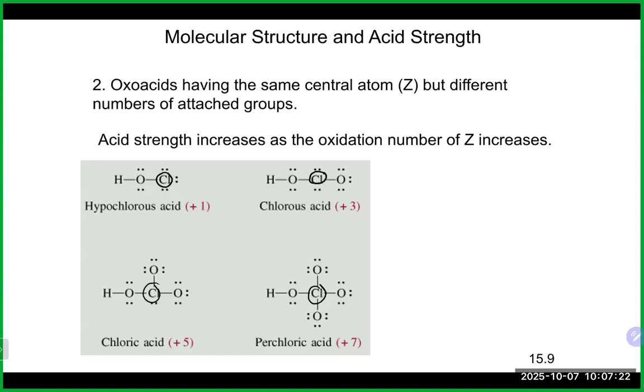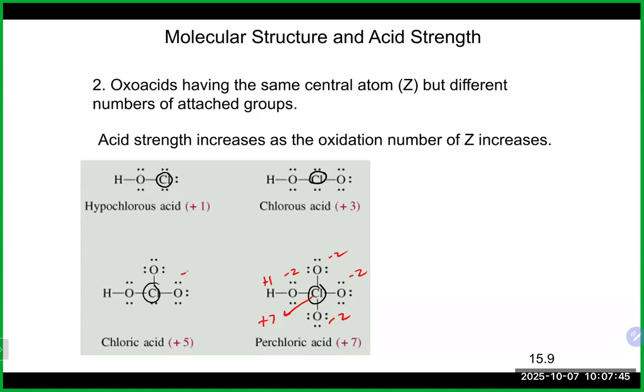Again, if we go around here, this would be -2, -2, -2, and -2, and a little +1 there. That's a -8, and +1 is a -7. Once again, this is a neutral acid, like most of them, and that means the chlorine in the middle here is carrying a +7 charge.